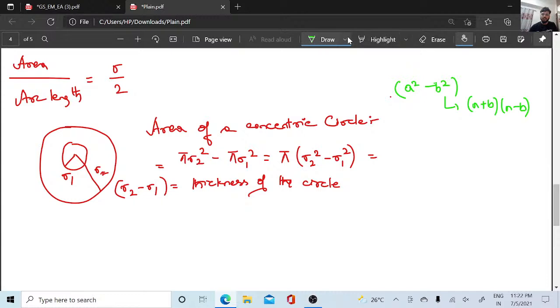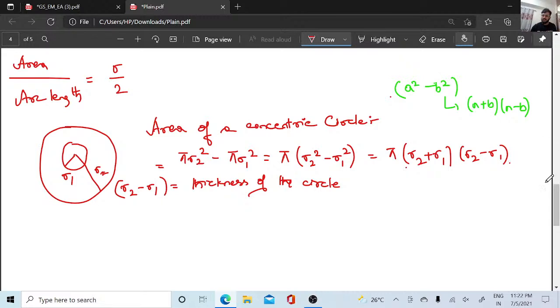So this becomes pi into r2 plus r1 into r2 minus r1. This is the area of a concentric circle.